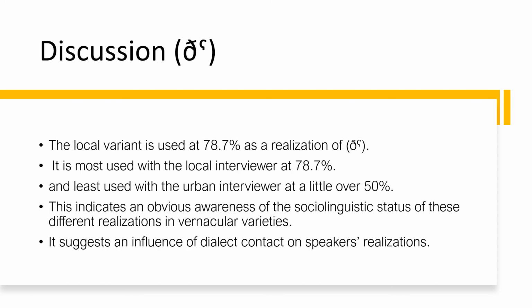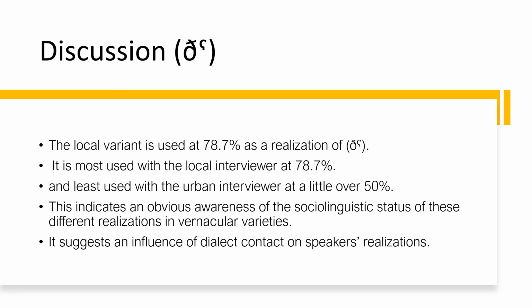So as we saw before, the as the local variant the is used at 78%, or almost 79%, as a realization of the. So where there's an overlap between the standard and the local dialect, it's used most with the local interviewer and least with the urban interviewer at only a little over 50%.